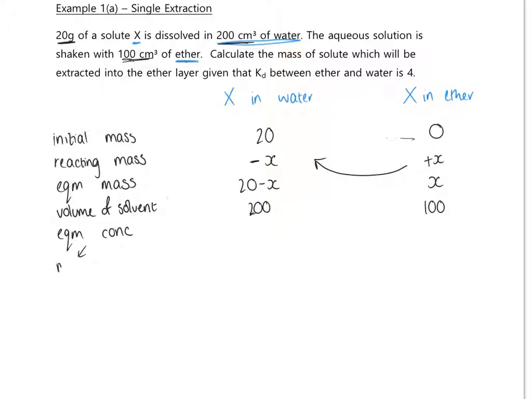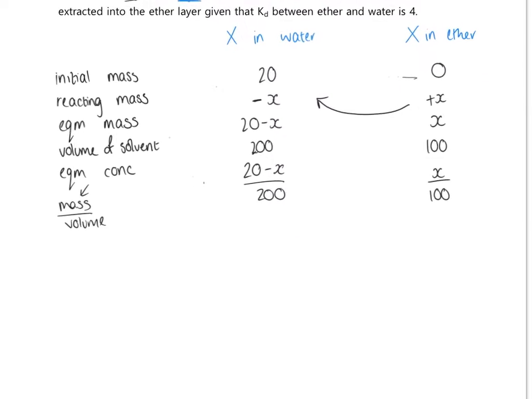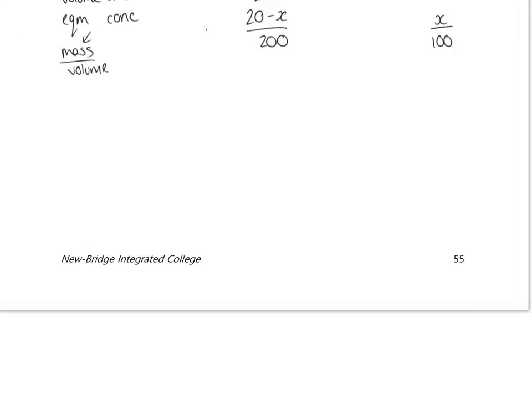Concentration, again, mass over volume. So we're simply doing 20 minus X over 200 for our concentration in water, and X over 100 for our concentration in ether. Now it's time to put those into our KD expression. So remember that KD is equal to the concentration of X in our ether over the concentration of X in water.